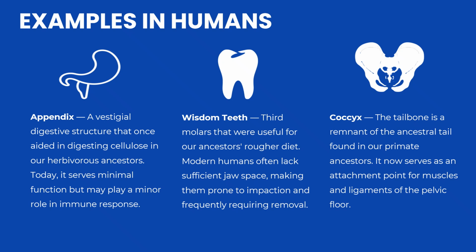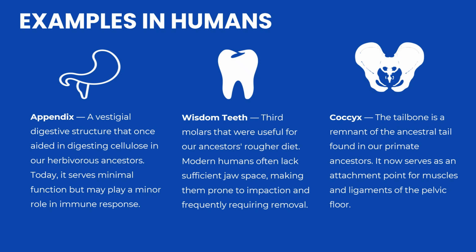Now let us see the examples of vestigial organs in humans. Tailbone or coccyx, wisdom teeth, and appendix. These are the three commonly studied or classical examples of vestigial organs in human. So if you talk about appendix, it is a vestigial organ.